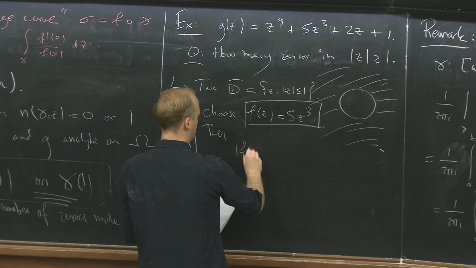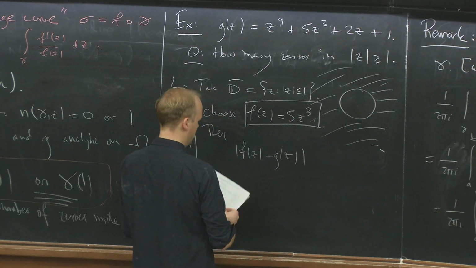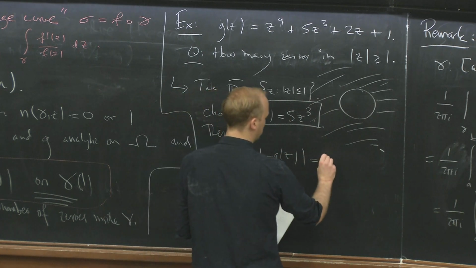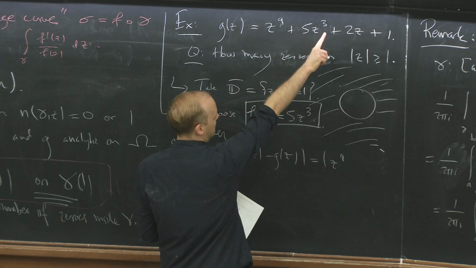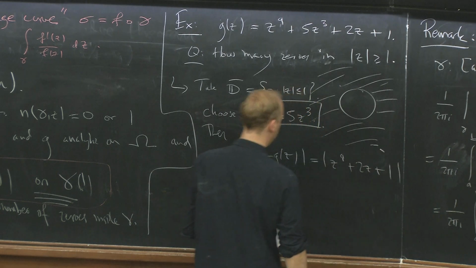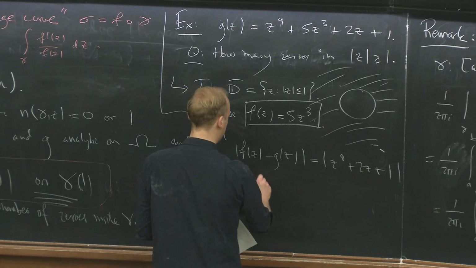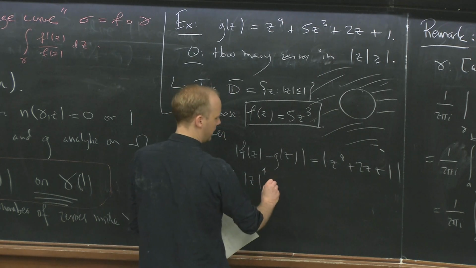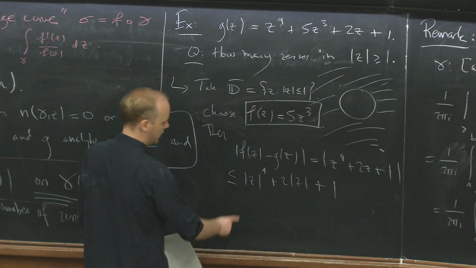And then let us just check first that this holds, so everybody's convinced. So this one is then equal to the absolute value of z^9. This one disappears, plus 2z plus 1. And this one is less than or equal to the absolute value of z to the 9 plus 2 times the absolute value of z plus 1.